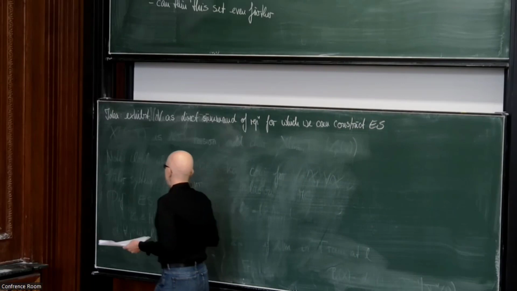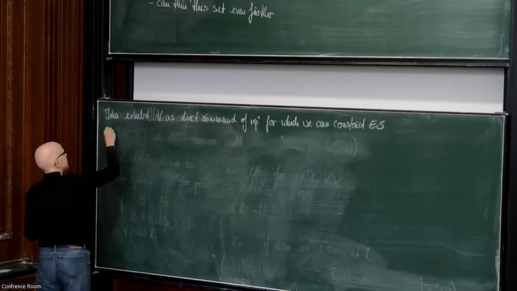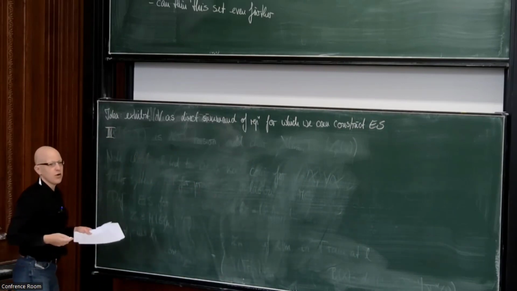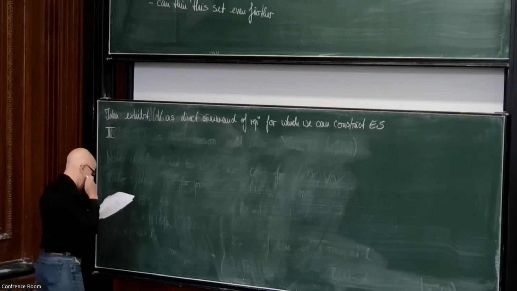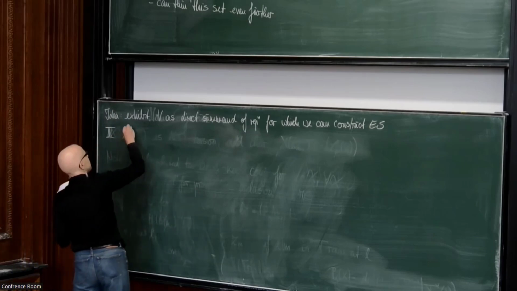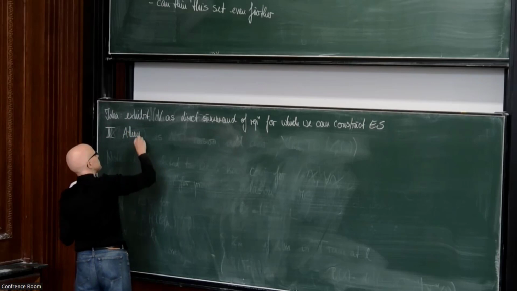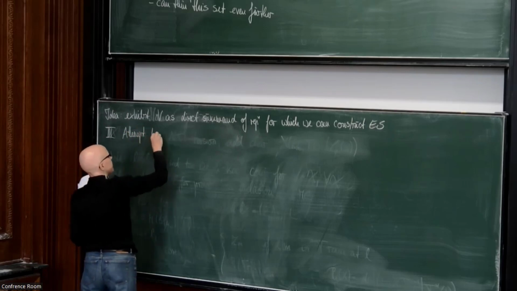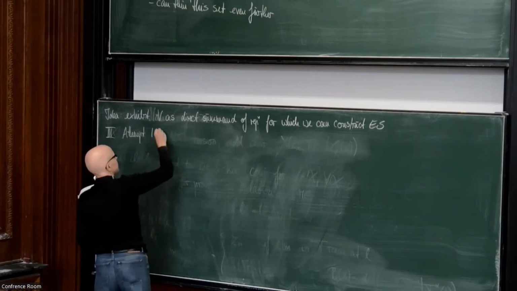Okay, so here the first attempt is to take the Euler system attached to Rankin-Selberg convolutions of modular forms. Attempt 1, the Rankin-Selberg Euler system.